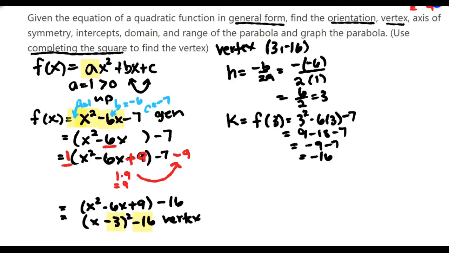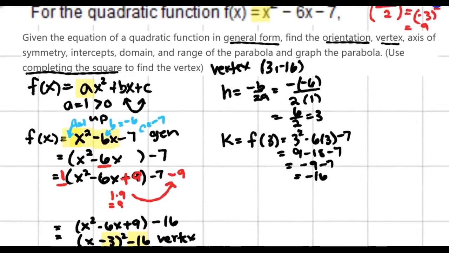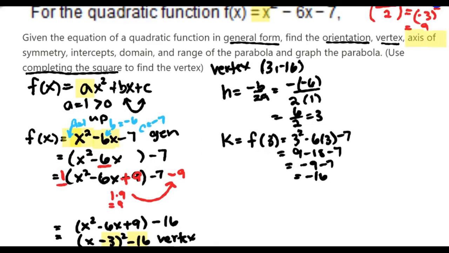So we found the orientation and the vertex. Now we want to find the axis of symmetry. And for a parabola, if you draw a vertical line that passes through the vertex, you get a line, this line of symmetry. Around this vertical line, the parabola is symmetric on both sides.